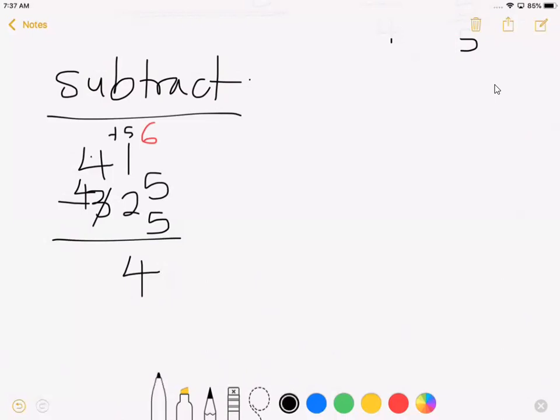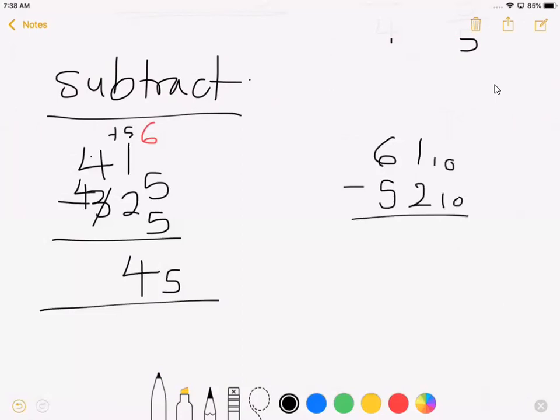The answer is 4 in base 5, which is the same thing that you do even if you are subtracting in base 10. For example, if you say 61 minus 52, in base 10, you say 1 minus 2, it can't, so you borrow. Then this becomes 5. You put 1 here.